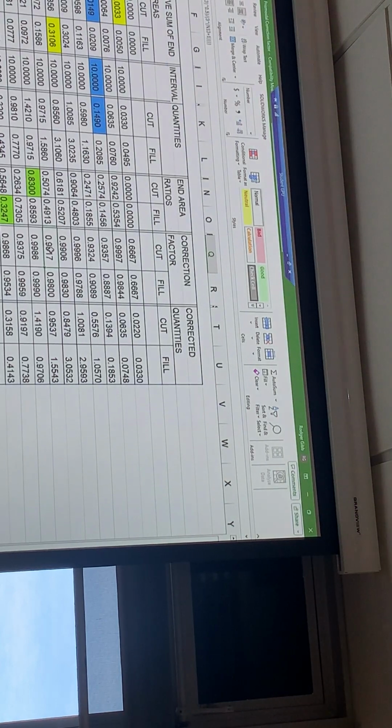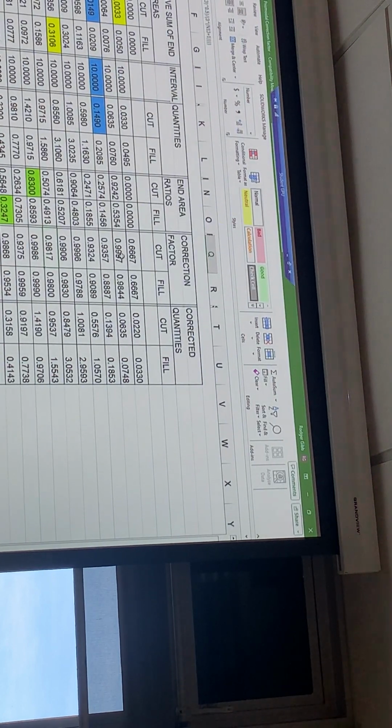The correction factor is ignored in all my questions. It is a formula that I said was written by the mathematics world champion. You don't need to know it, but you need to know that it's quite complicated and it takes into account the end area ratio and also the distances, the cuts, the fills, and all the rest.